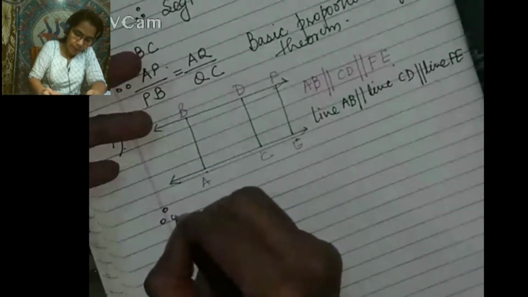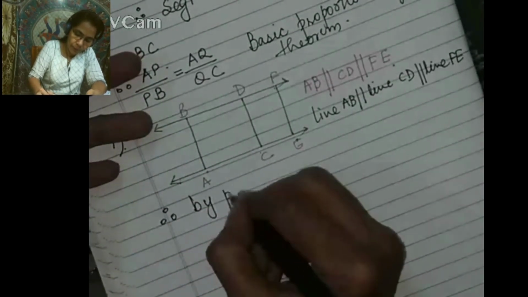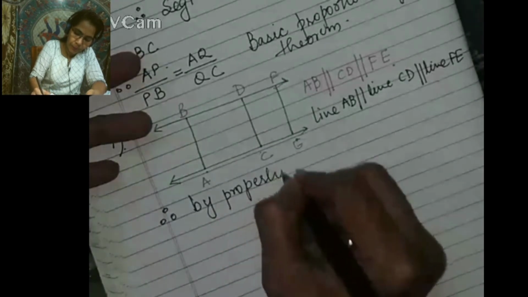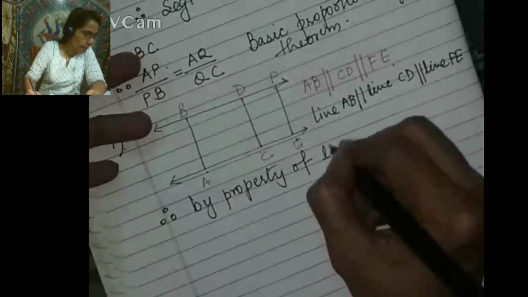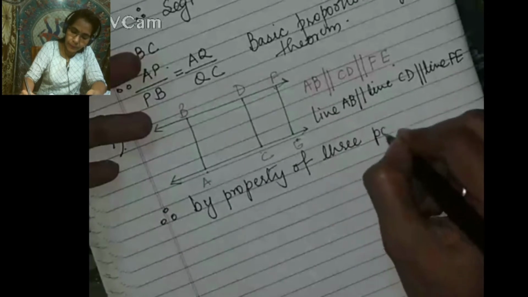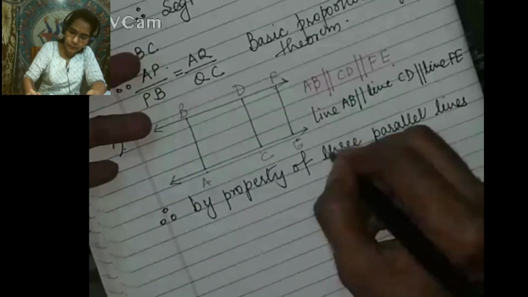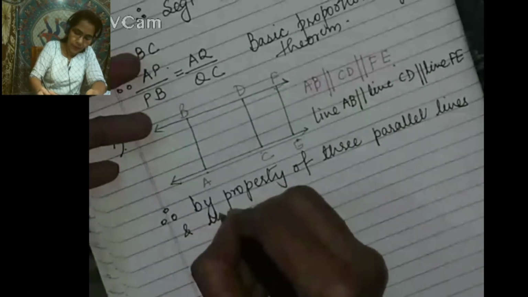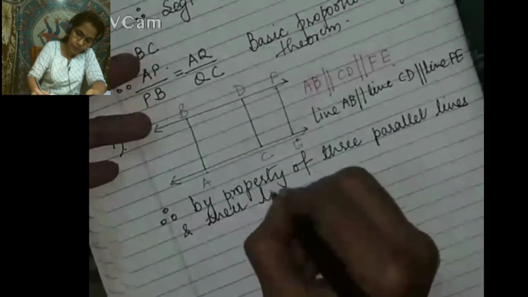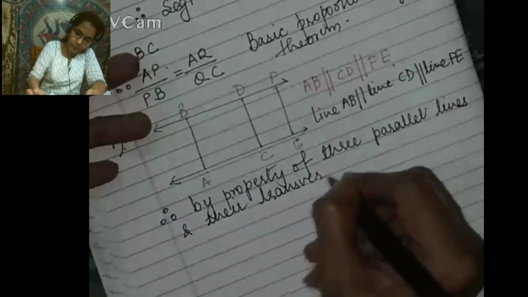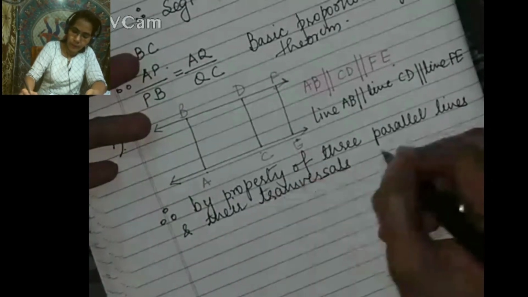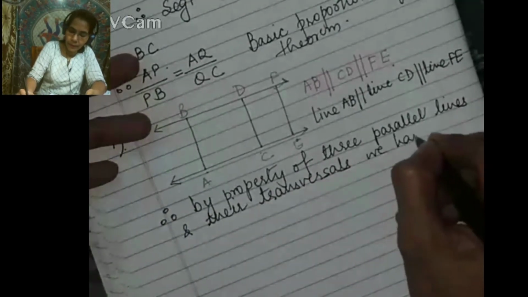So, by the property of three parallel lines and their transversal, what do we have?